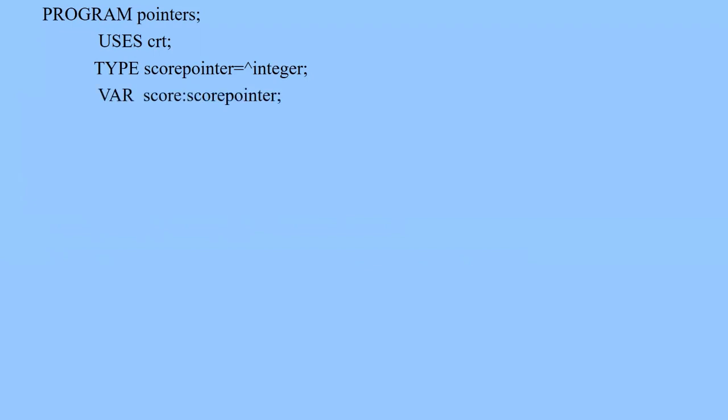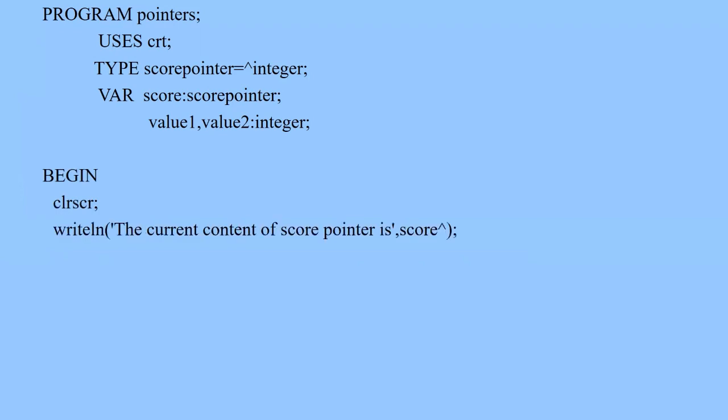Then a variable called score, which is of type score pointer. Then we have value 1 and value 2 variables of type integer. So we begin, we clear the screen, and then we display the statement: the current content of score pointer is. So we display whatever is contained in the memory location for our pointer.